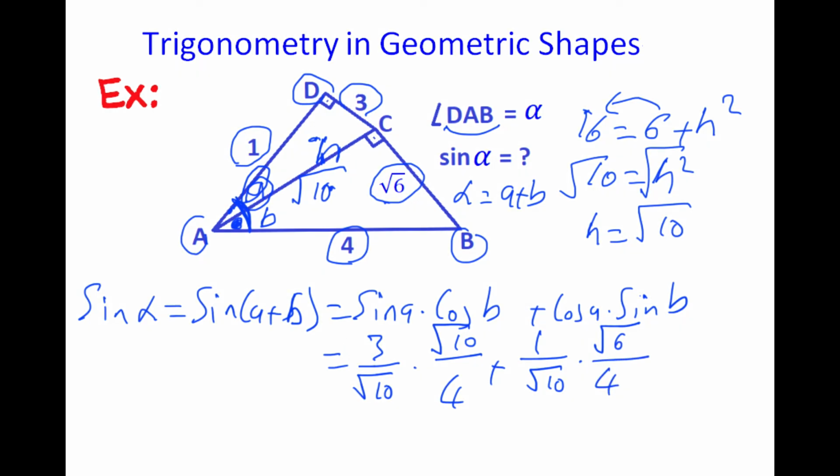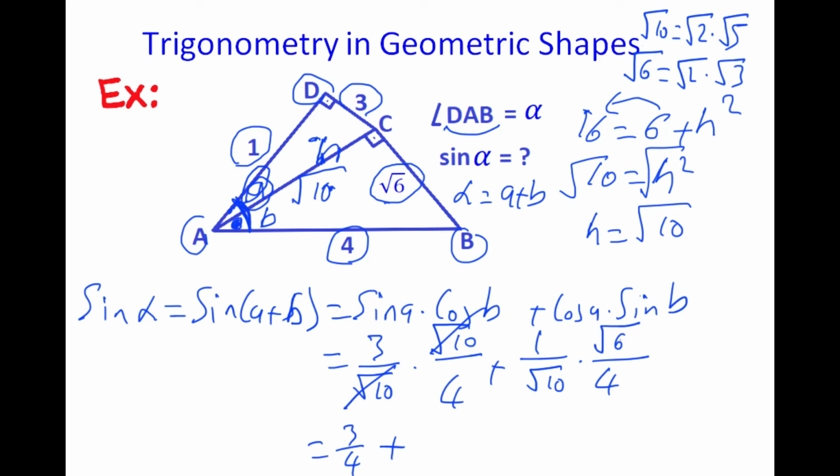In the next step, we will do some simplifications. That square root of 10 goes with this one. So we have 3 divided by 4 here, plus that square root of 10. Actually, let me write square root of 10 as square root of 2 times square root of 5, right? That square root of 6 also, let me write it here, square root of 6 again is square root of 2 times square root of 3.